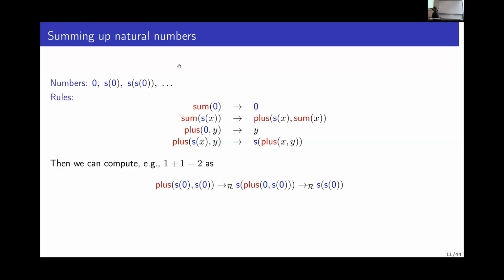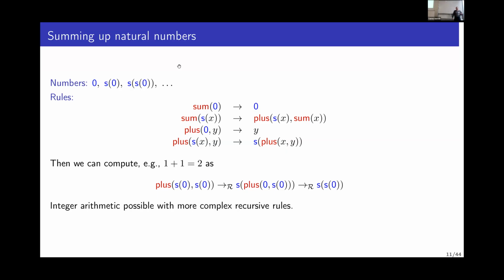Well, x can become 0, y becomes s of 0, and then we can replace the instance of the left-hand side by the corresponding instance of the right-hand side. We get s of plus of 0 and s of 0, or 1 plus 0. And now we can use the first rule, and we get the result 2. Hooray!